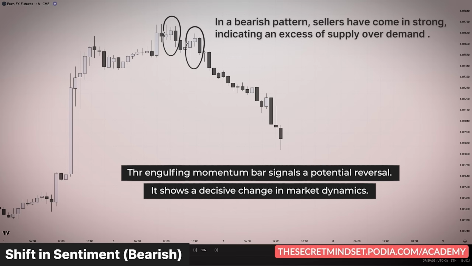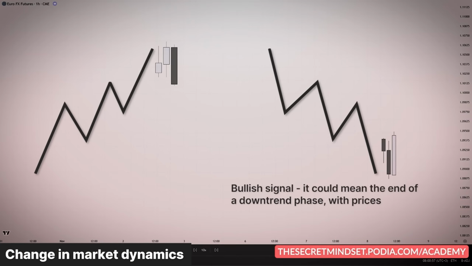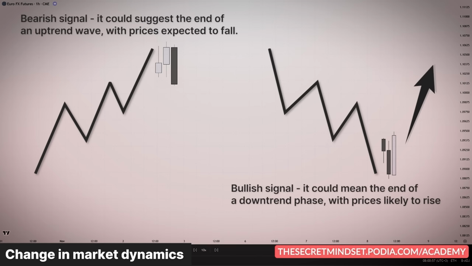The immediate effect of an engulfing momentum bar is to signal a potential reversal. It shows a decisive change in market dynamics. For bullish signals, it could mean the end of a downtrend phase, with prices likely to rise. For bearish ones, it could suggest the end of an uptrend wave, with prices expected to fall.